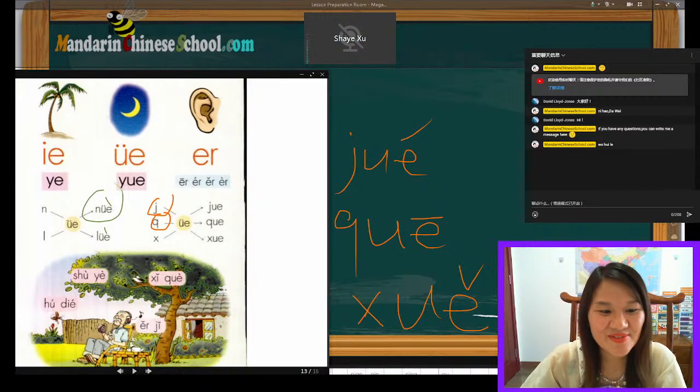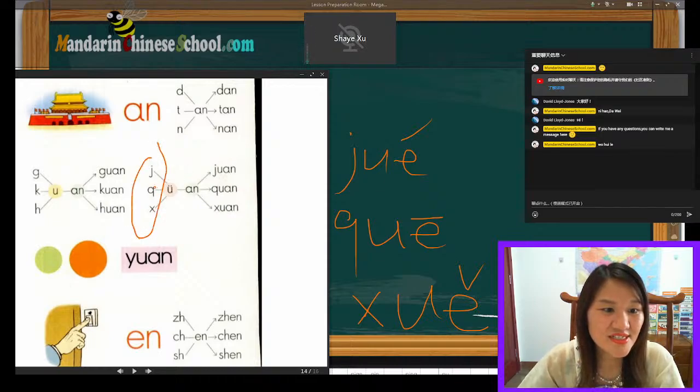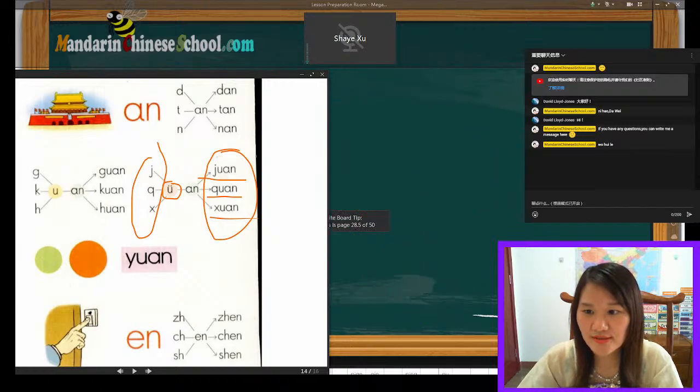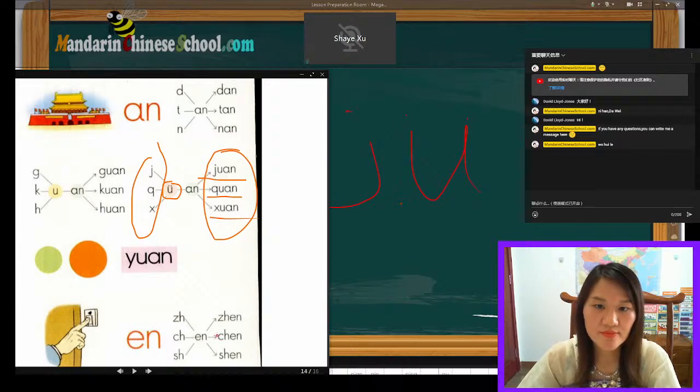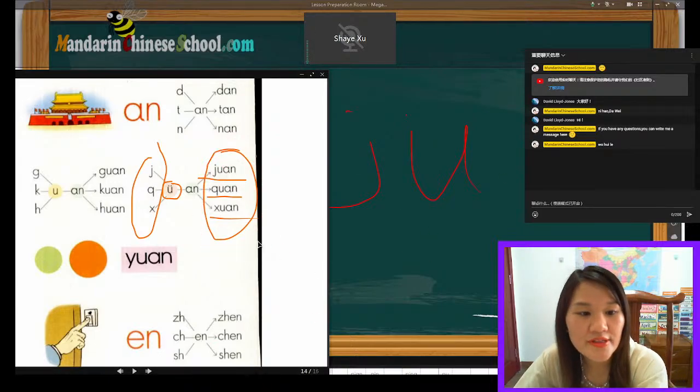Okay, next one. 下一个。下一个也是一样的 same thing. The 机器西 with the ü sound. So they will write it like this without 2 dots. So when you see this, actually you pronounce ü sound, okay? So when you see this, you pronounce ü sound. So this one, how do we read it? How do we read them?